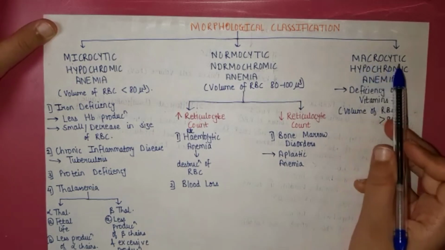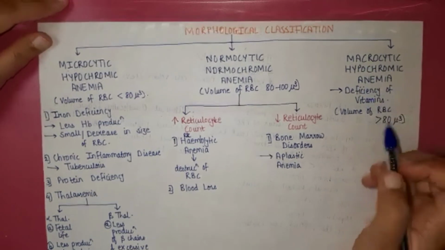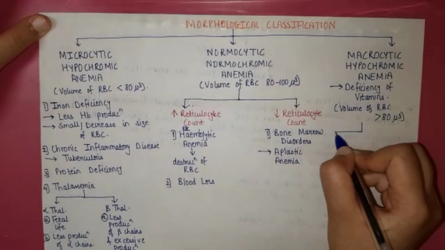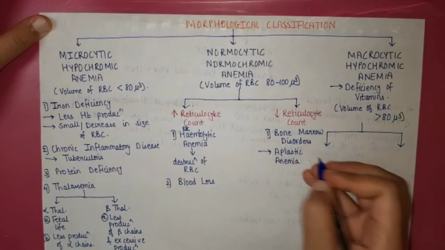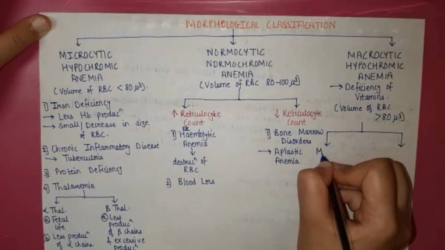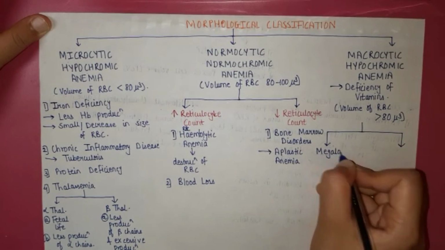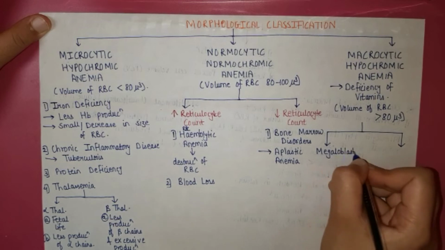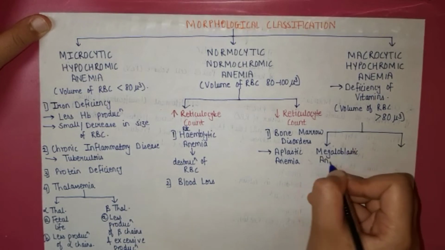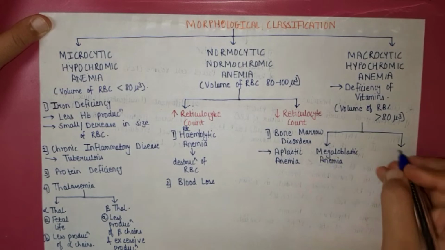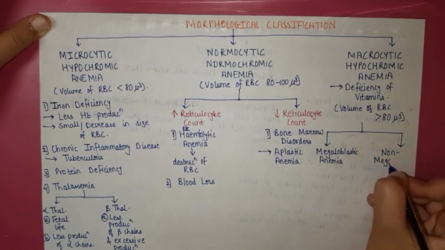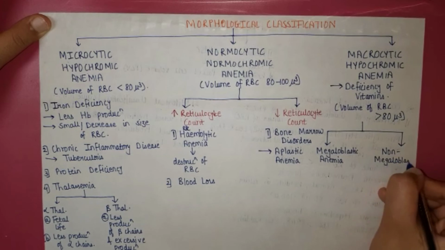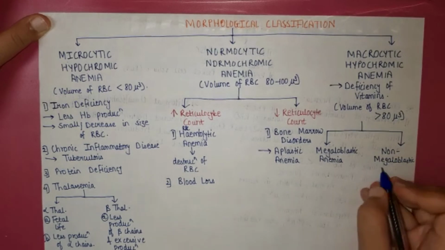So again, macrocytic hypochromic anemia is subdivided further into two types. First one is the megaloblastic anemia and second is the non-megaloblastic anemia.